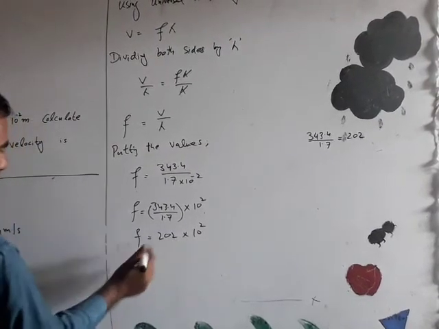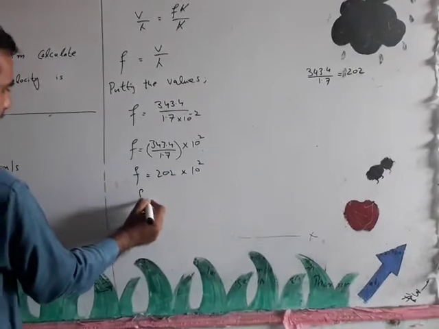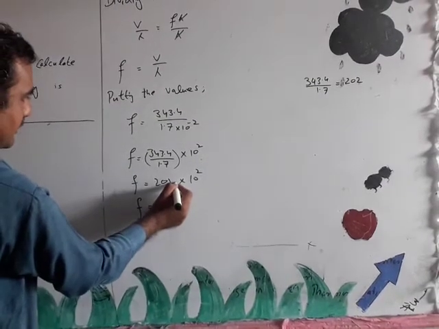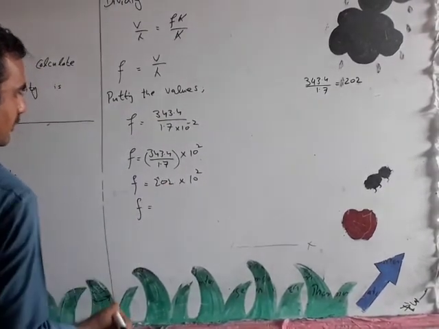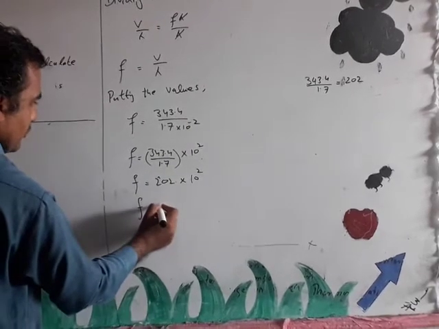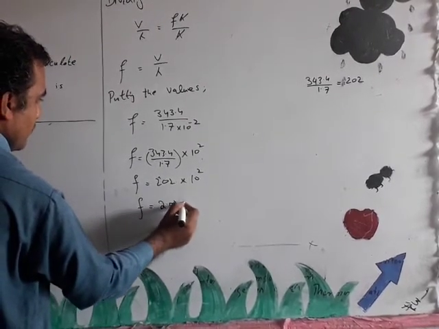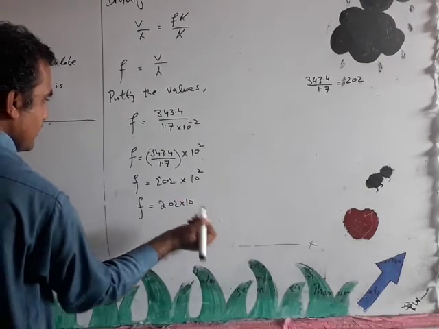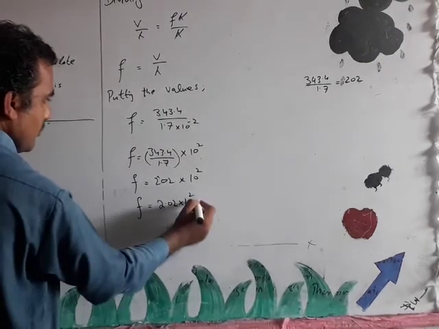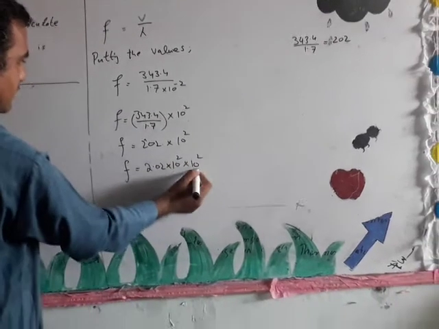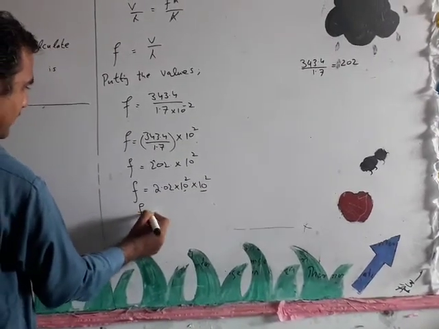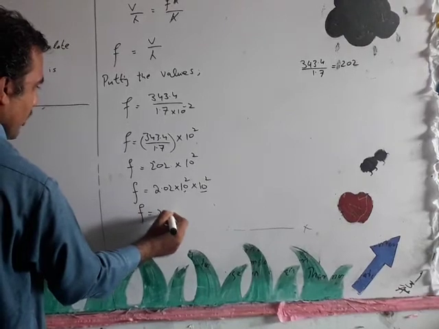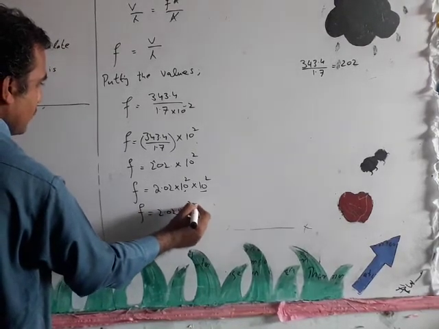Now I will write this answer in scientific form. The decimal point is here, and I will have to shift it between 2 and 0. So the answer becomes 2.02 multiplied by 10 power 2, as I have displaced it by 2 decimal places. As the bases are the same, I will add their exponents: 2.02 multiplied by 10 power 2 plus 2.